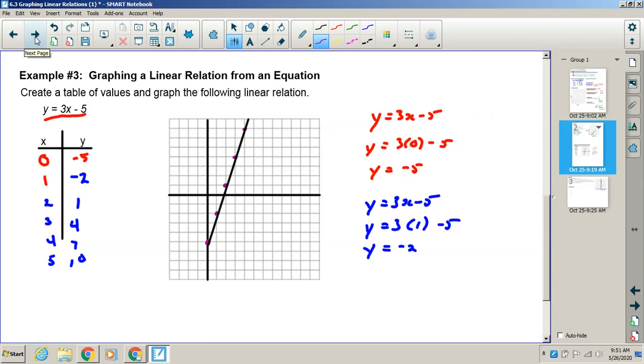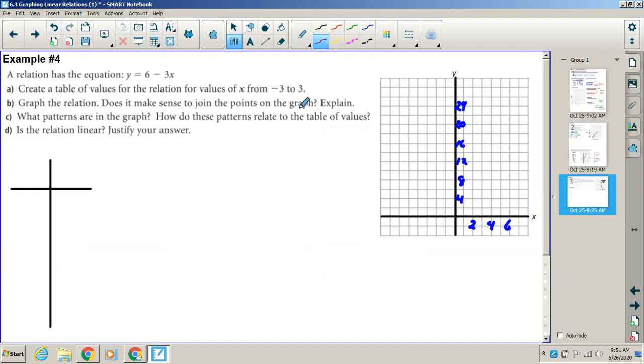We'll do one more example. In this one, same type of question. However, the equation's written a little bit differently. We still have it as y equals, but in this case it is 6 minus 3x. Now, if you don't like this written this way, you could write this same equation with the 3x first, but that sign attaches to it.